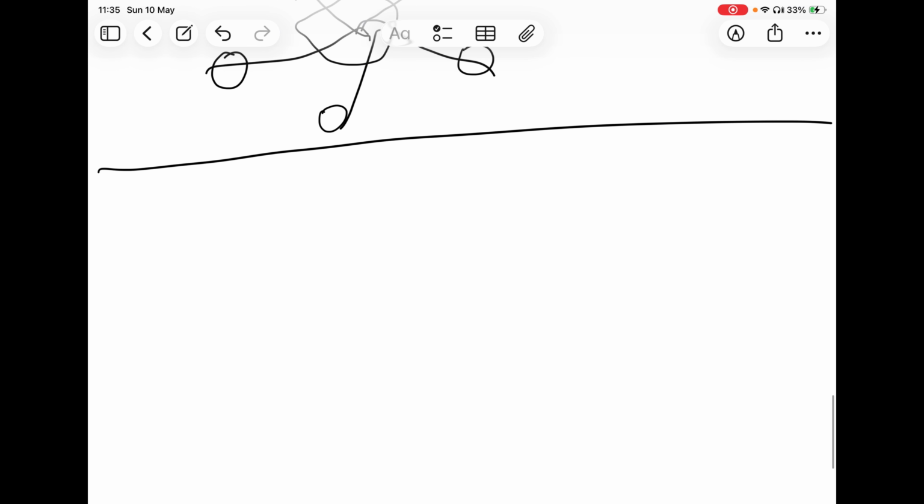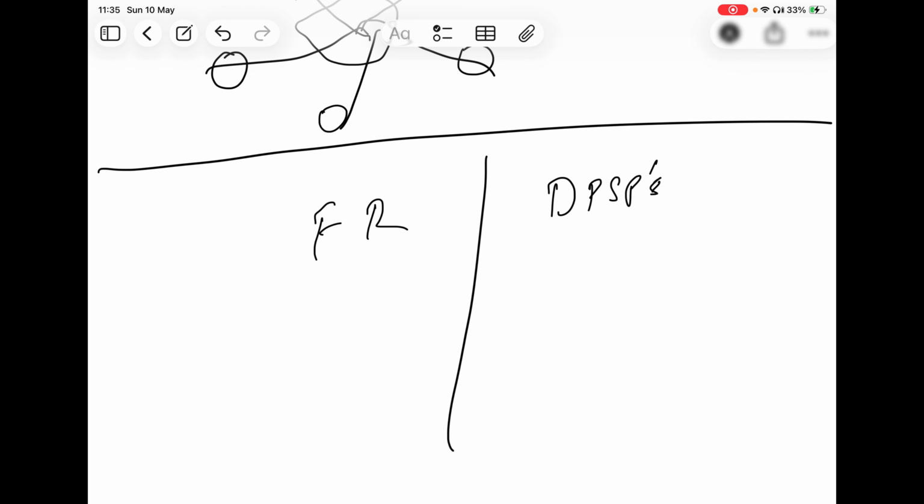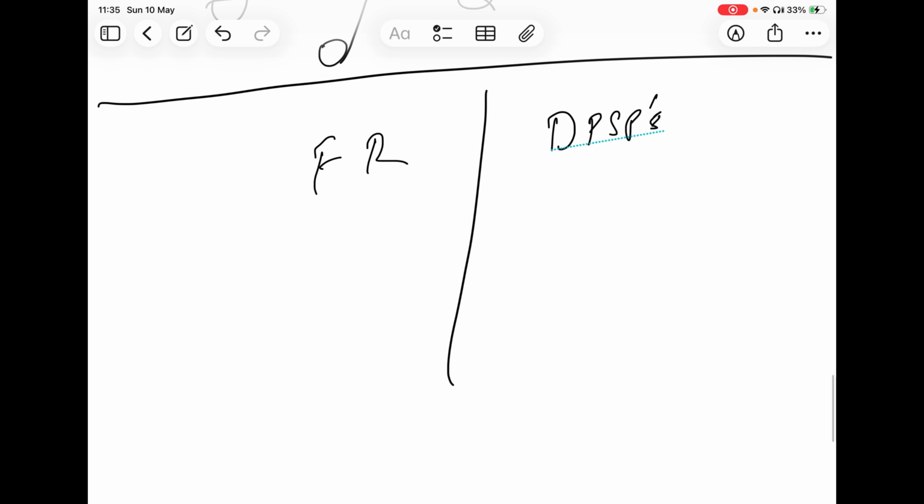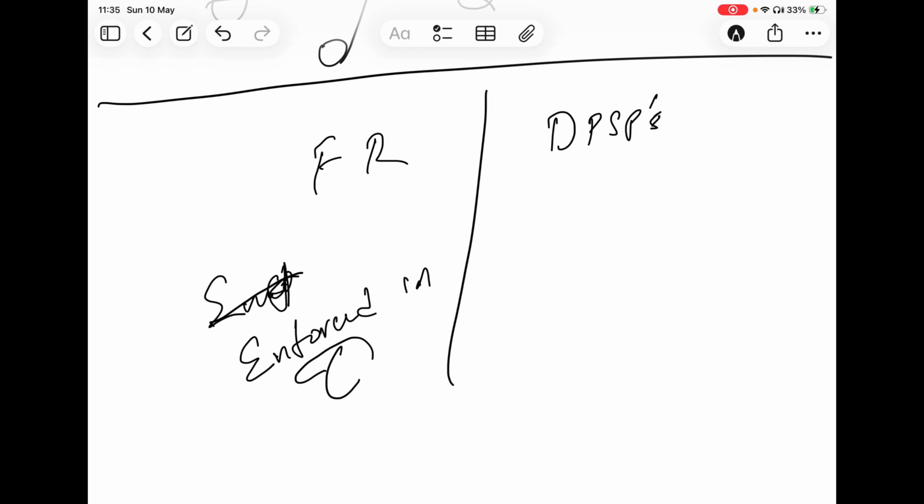Now, let us understand the important difference between fundamental rights and DPSP. Fundamental rights are enforceable in courts.